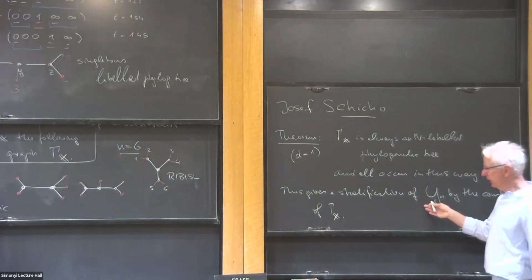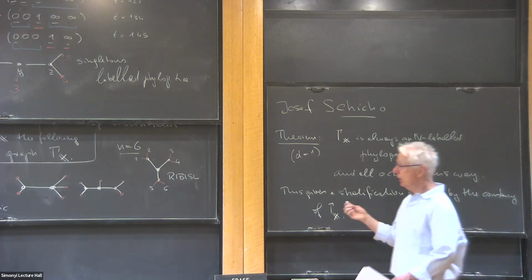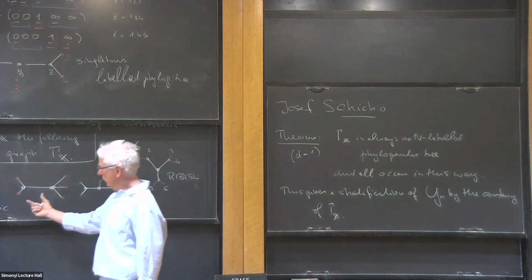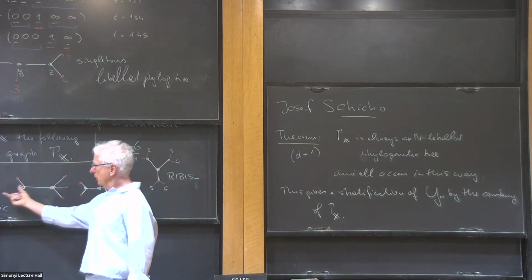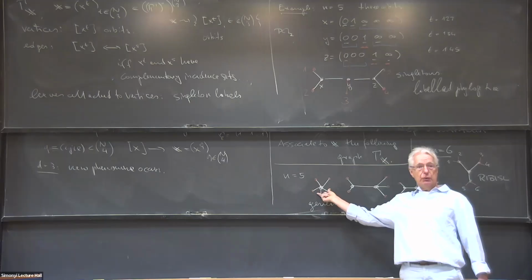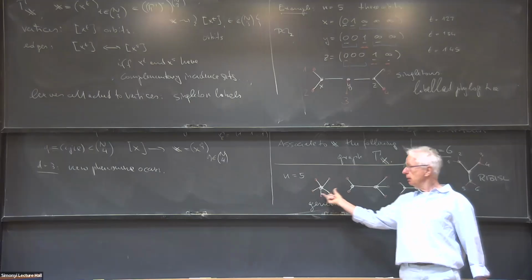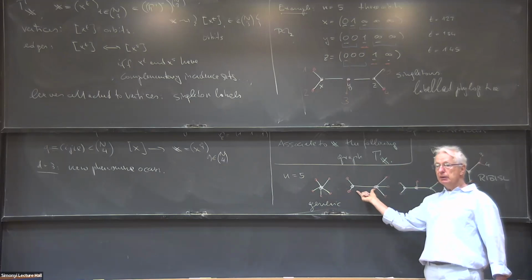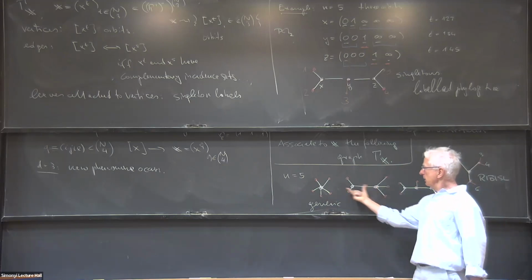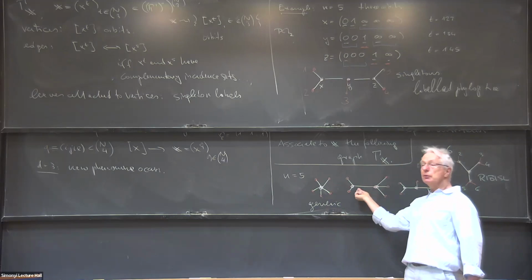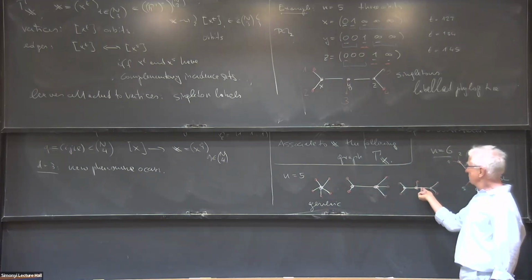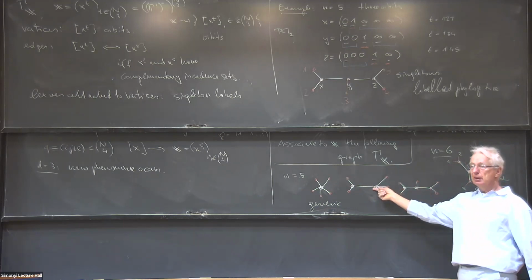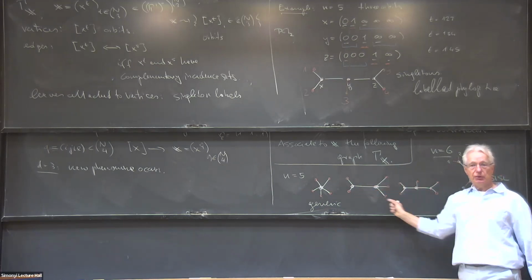It's a natural stratification, and the adjacency of strata is very easy to see. So this one is the n-3 dimensional open stratum. This one is in the boundary. You go from here to here by just contracting this edge, and here you contract this one to get here. So you see the adjacency in the trees.